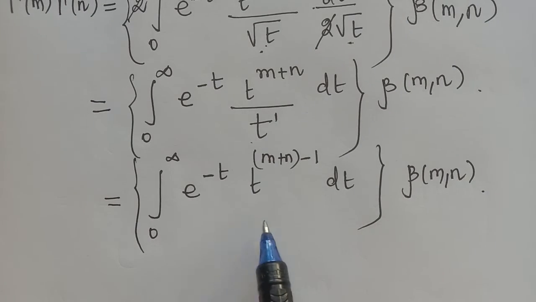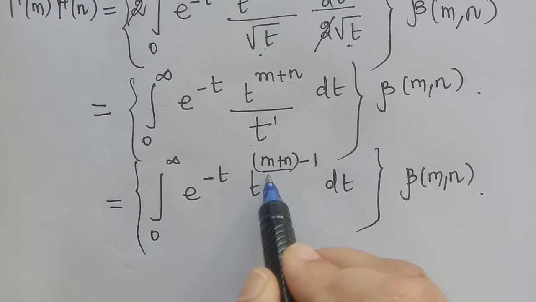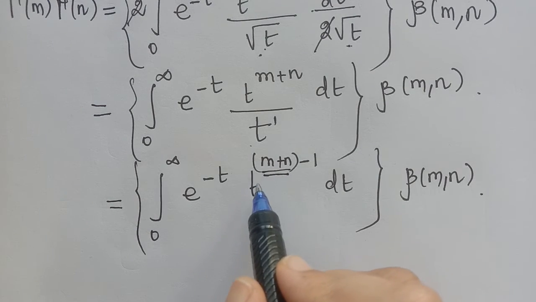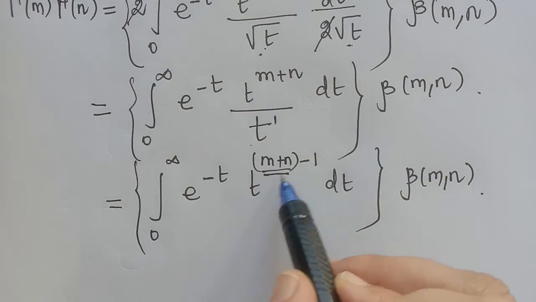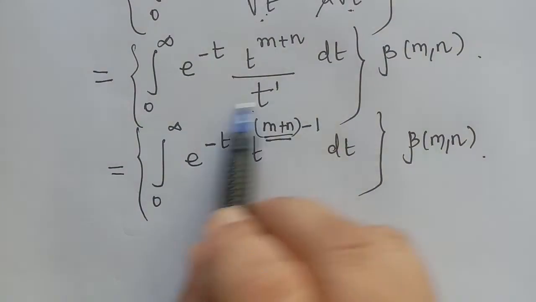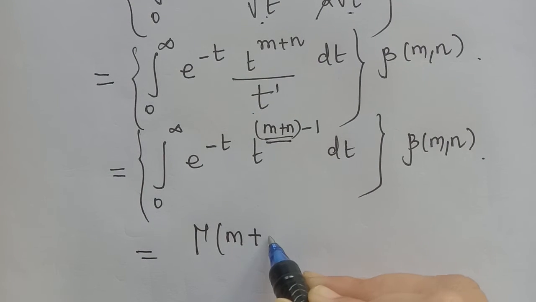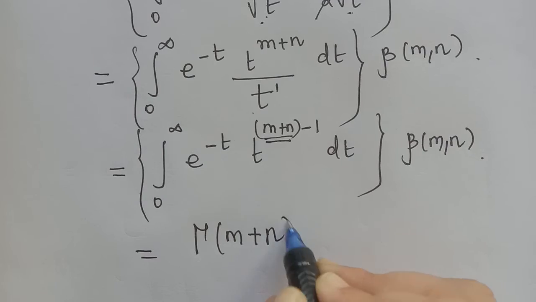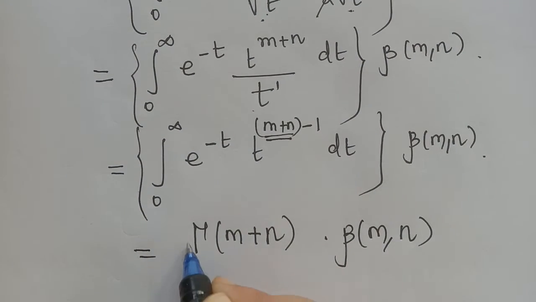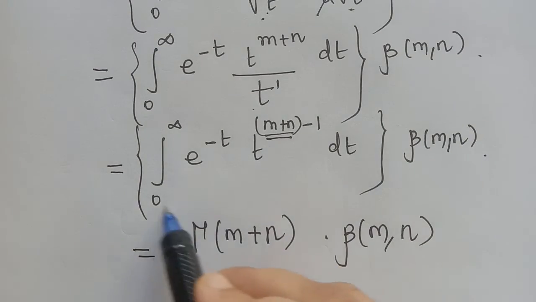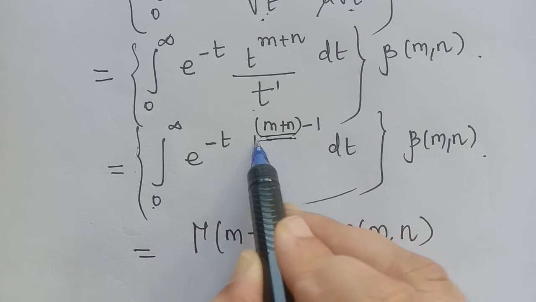And by the definition of gamma function, we know that if the parameter is m alone, we will be getting gamma of m. Here the parameter is m plus n, and so this full thing will be equal to gamma of m plus n multiplied with beta of m comma n. This is by the definition of gamma function. We observe that this integral is a gamma function with respect to the parameter m plus n.